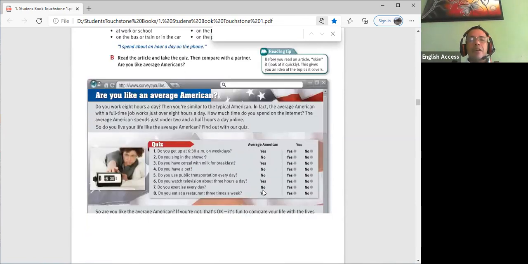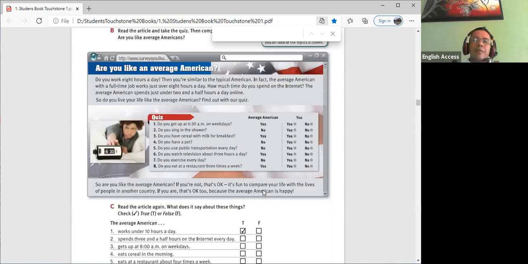Then I hope you read this part. So the point was that we have to make a comparison about our cultures in many things, right? American versus Mexican versus us. So I want you to read first this part.